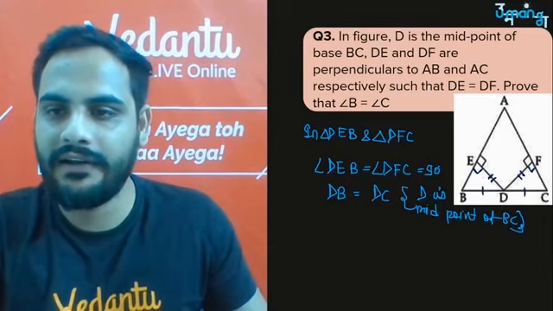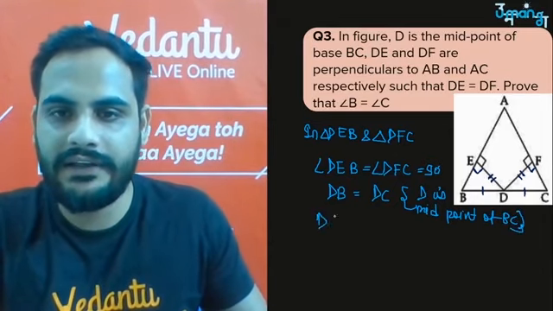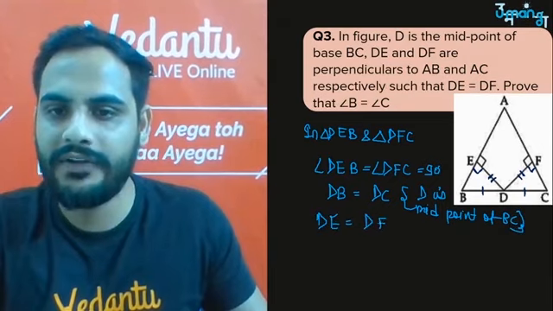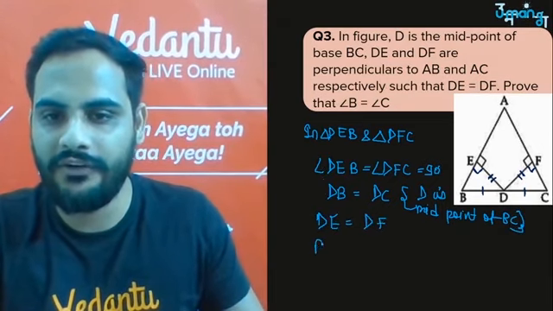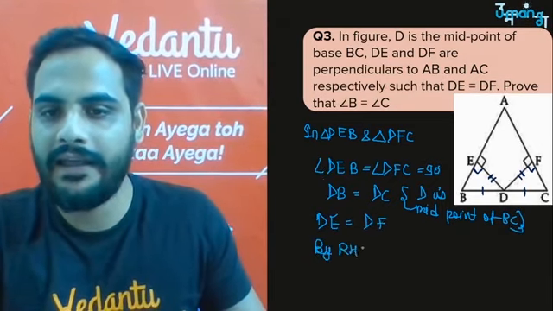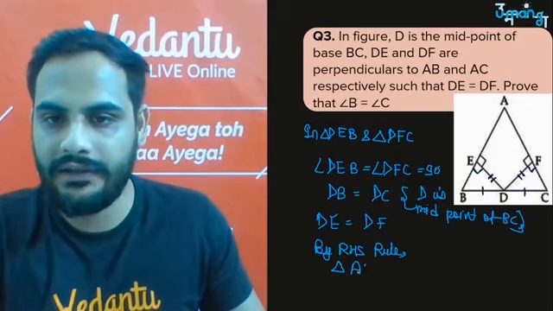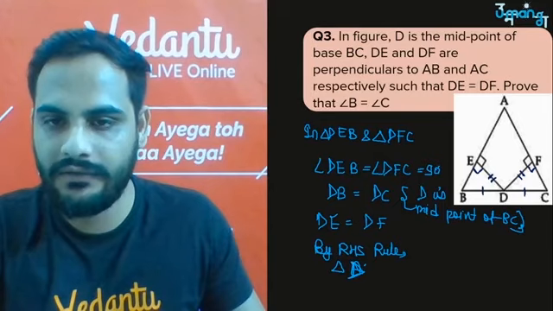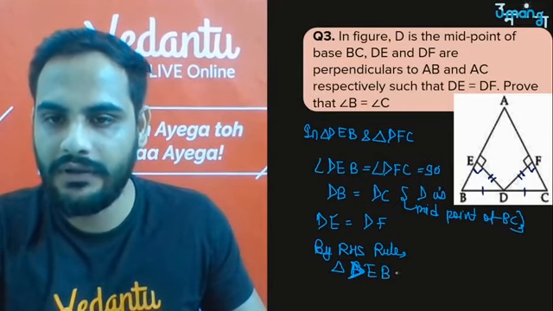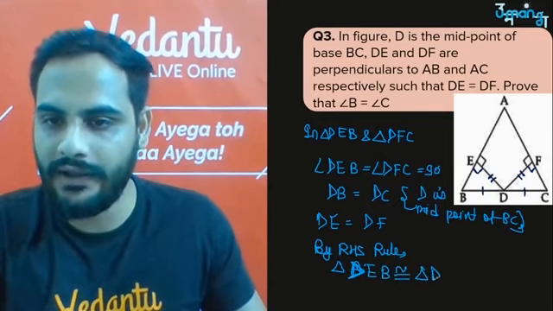And after that it is given that DE is equal to DF. So by the right angle hypotenuse side rule, I can say by RHS rule triangle DEB is congruent to triangle DFC.